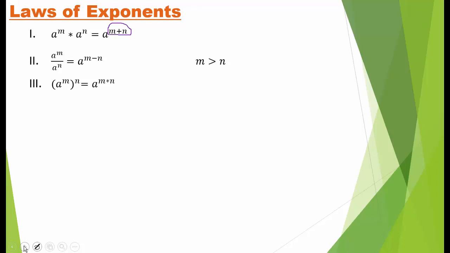Means if there is a power over a power, what do you do? Multiply both the powers. Then we will multiply both the powers, that is a raised to power m into n. The base will remain same. For example, if I have 2 raised to power 3 whole power 2, then I can write this equals 2 raised to power 6, means 3 into 2 is 6. You can also check: if you solve 2 raised to power 3, it will become 8, and 8 square means 64, and 2 raised to power 6 is also 64.